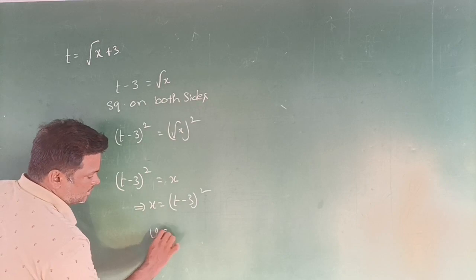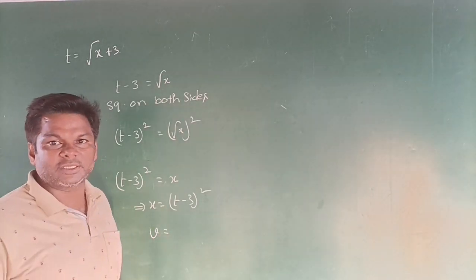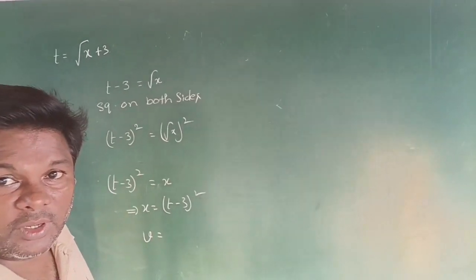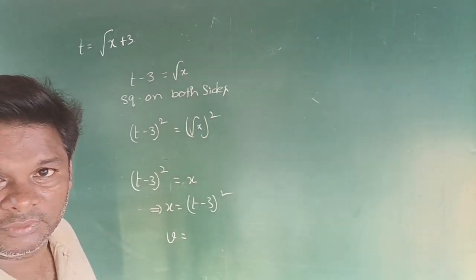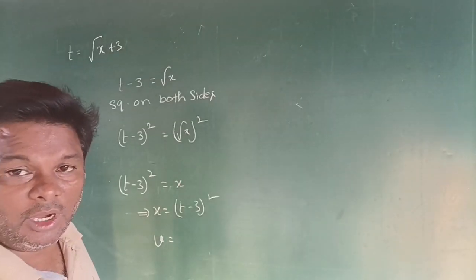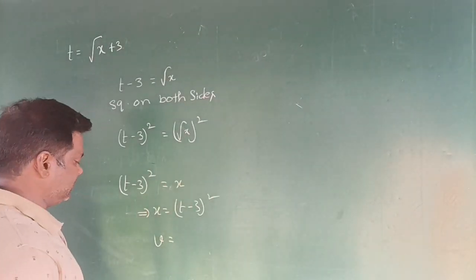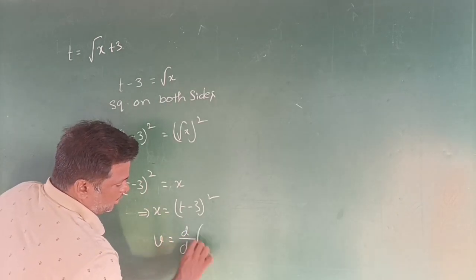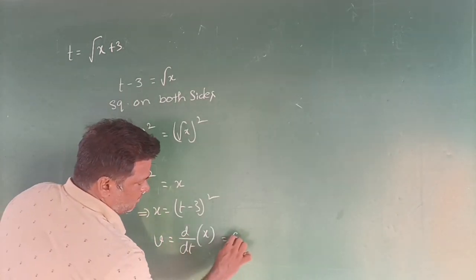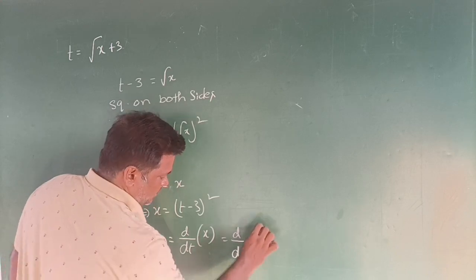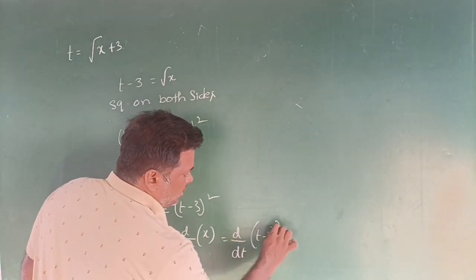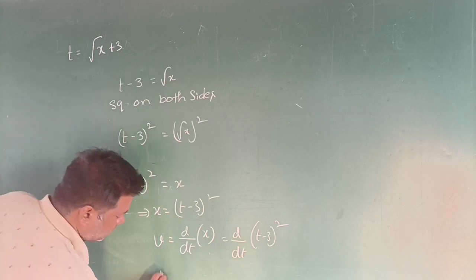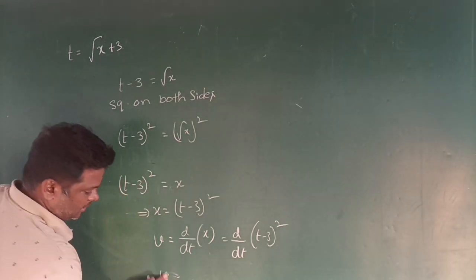Now what is velocity? Why we are doing this velocity? He has given that he is asking when velocity becomes 0, how much distance it travels. For that we are going to calculate velocity. d by dt of x, that is equal to d by dt of t minus 3 whole square.